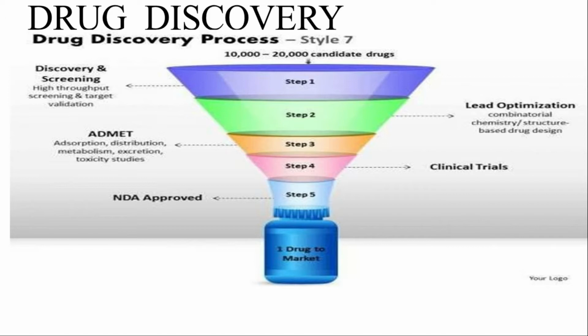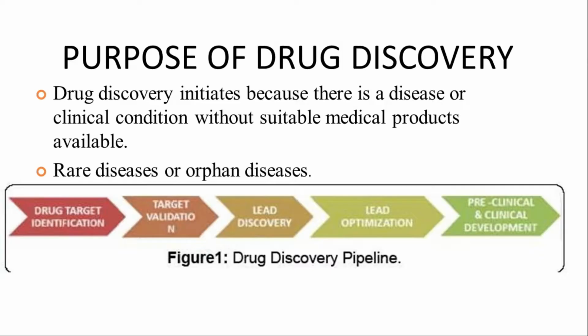It is a very tedious task to start from 10,000 to 20,000 molecules and select one molecule or 10 molecules to focus on for the market. But the overall process you can summarize in this way. So what is the purpose of drug discovery? Drug discovery initiates because there is a disease or clinical condition without suitable medical products available.